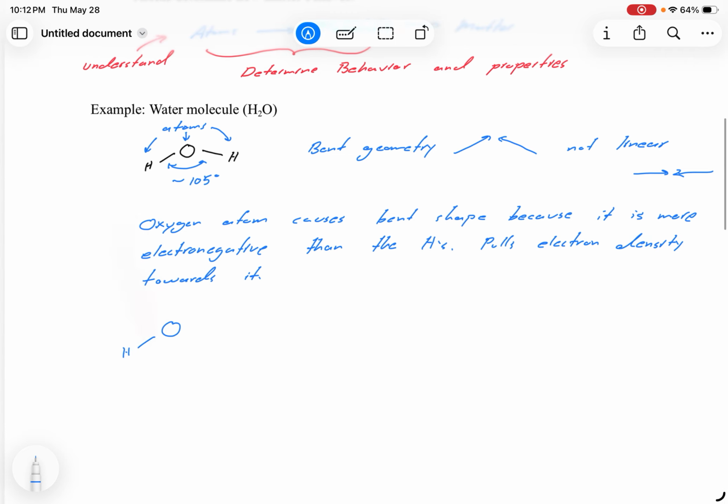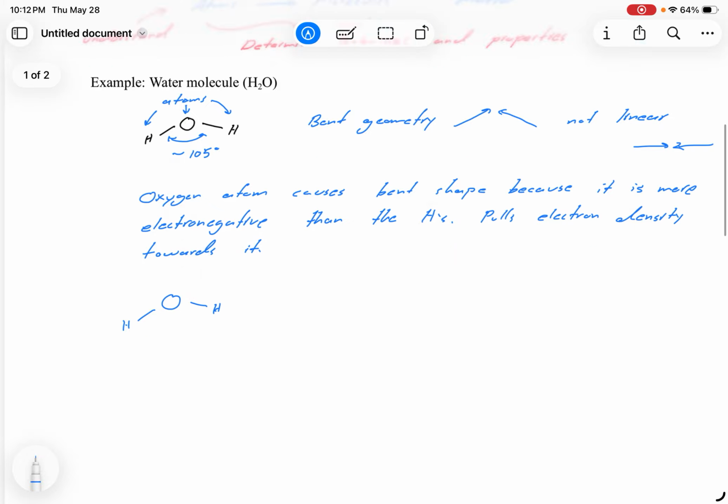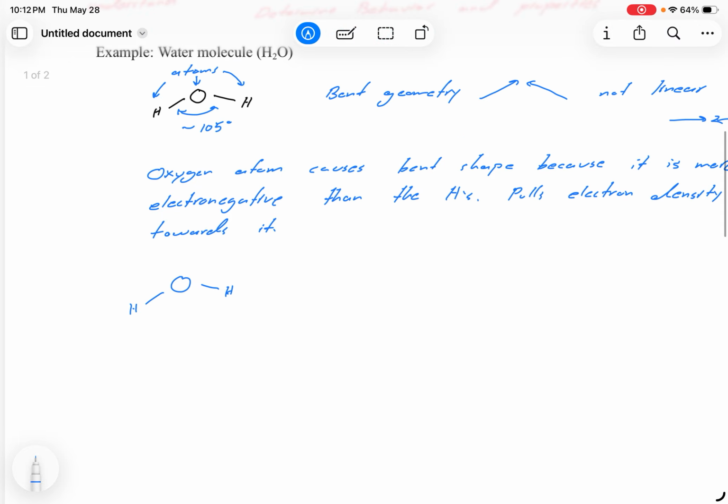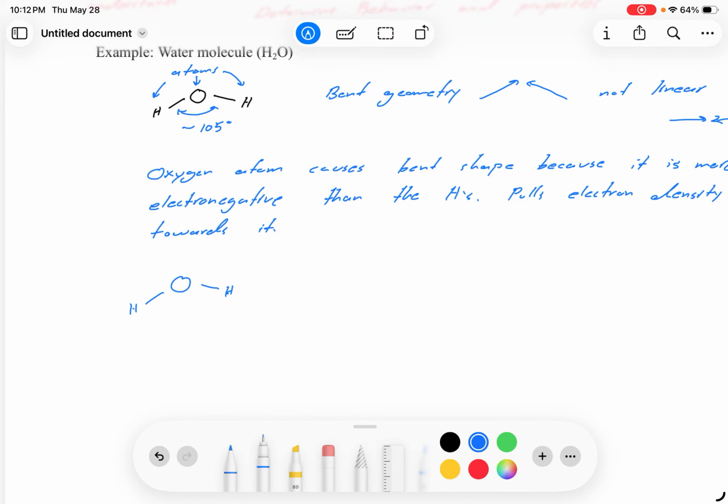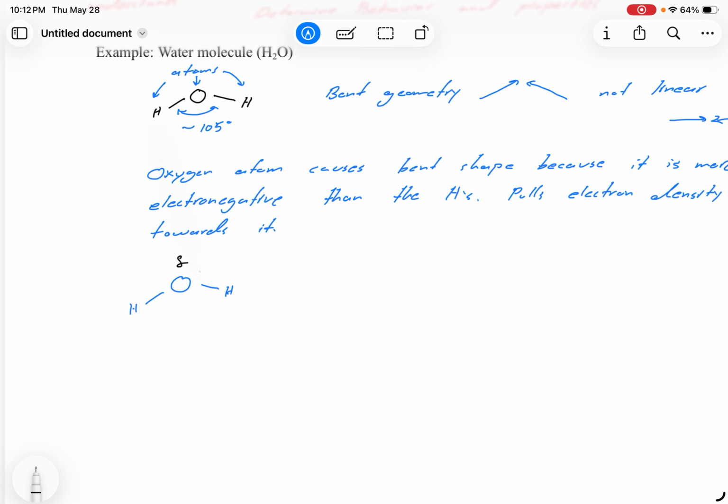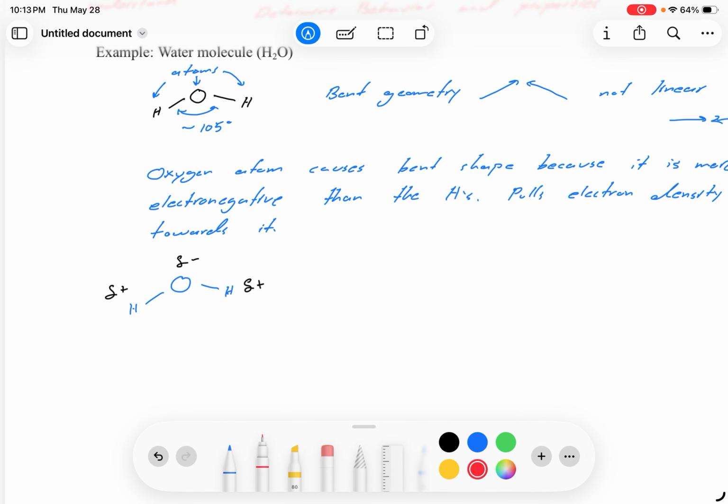So here's your water again. Let's see how much space I have. Okay. So that's your water. And we're going to have a partial negative charge on the oxygen, partial positive on the hydrogens, and then we're going to have this. Those arrows are called dipole moments, right?